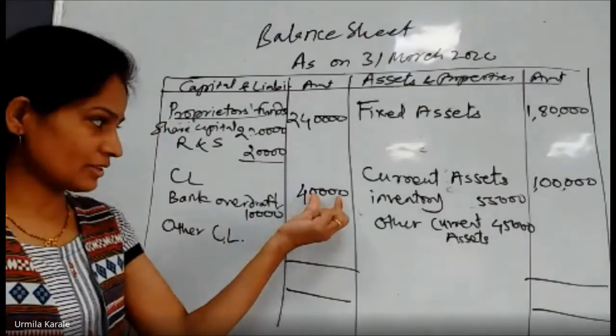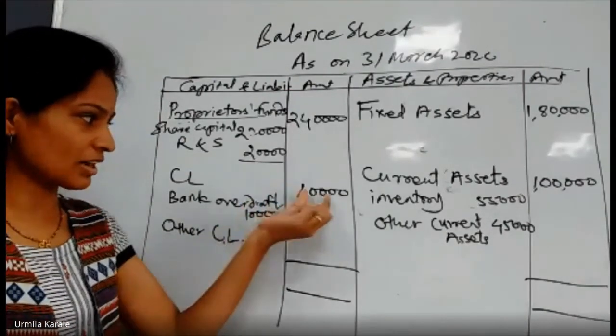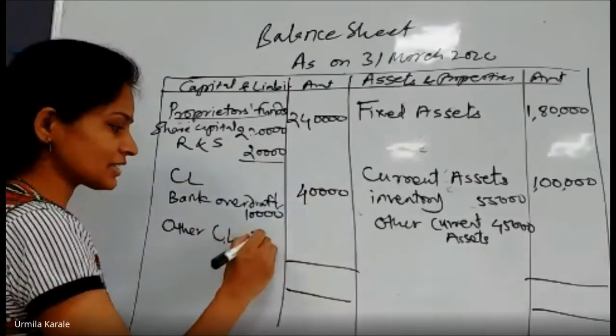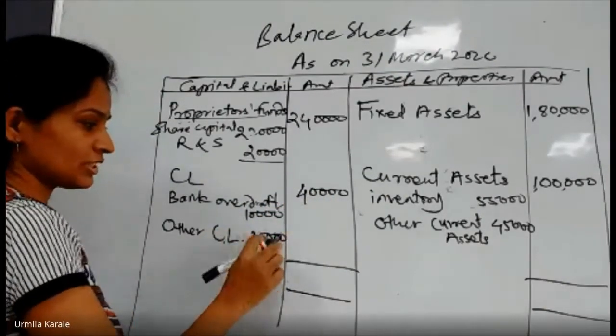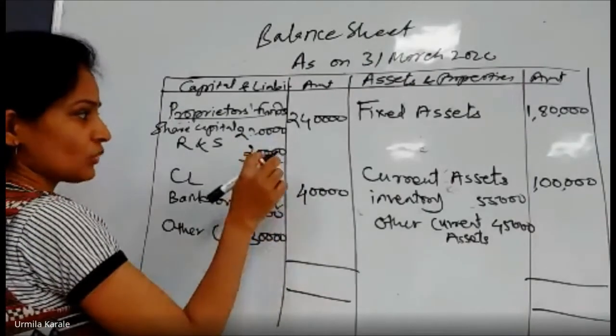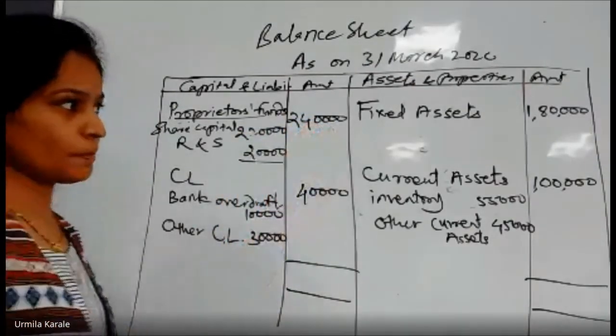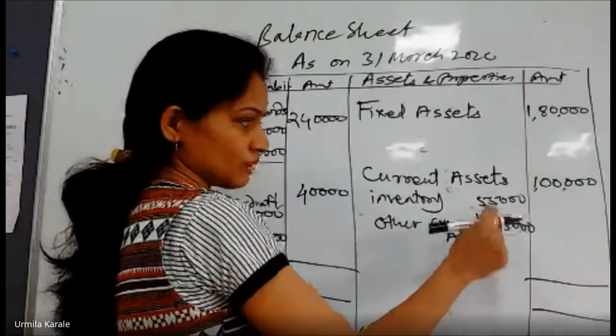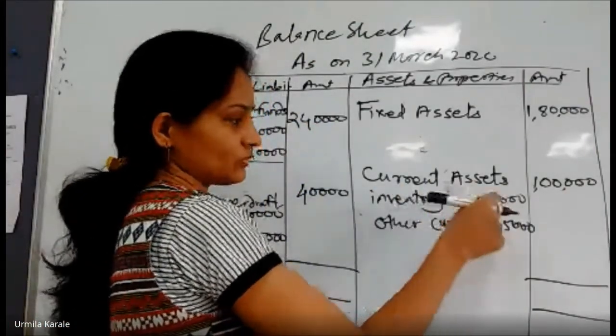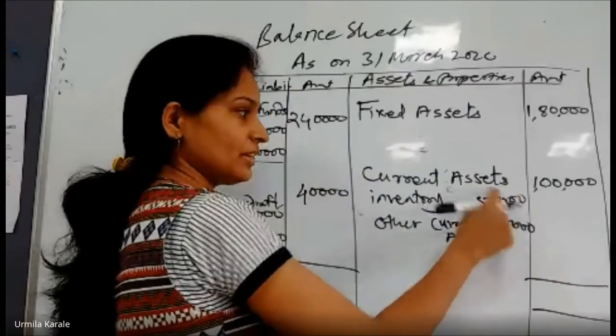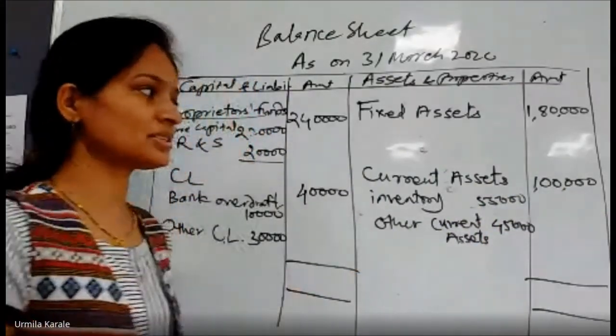So out of 40,000, 10,000 is the overdraft. It means the remaining current liabilities are 30,000. So 30 plus this equals 40. 20,000 reserves plus share capital equals a total of 240. Then 55 inventory or stock plus 45, altogether your current assets are clear.